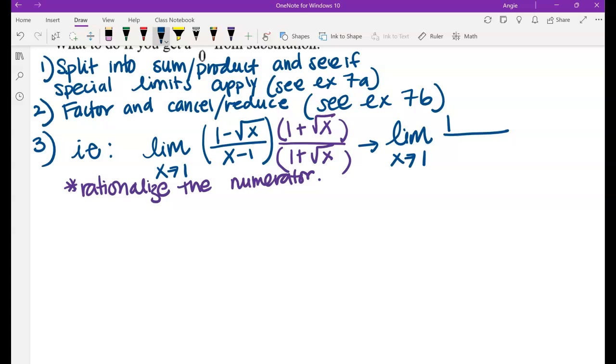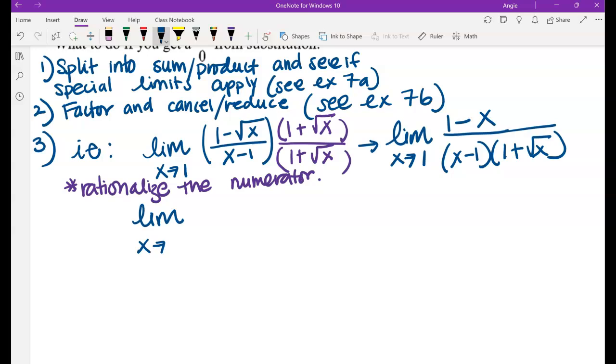So 1 minus square root of x times 1 plus square root of x is now just 1 minus x. On the bottom, do not FOIL this out. Leave these unFOILed, okay? Then on the top, I'm going to write the numerator in order. I just don't like having the number before the variable.